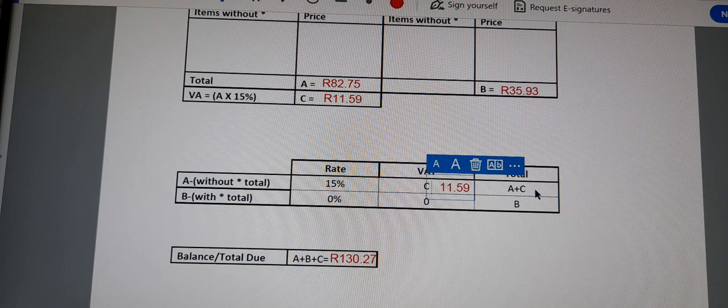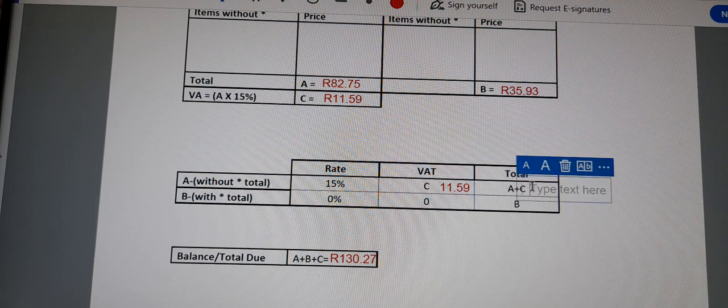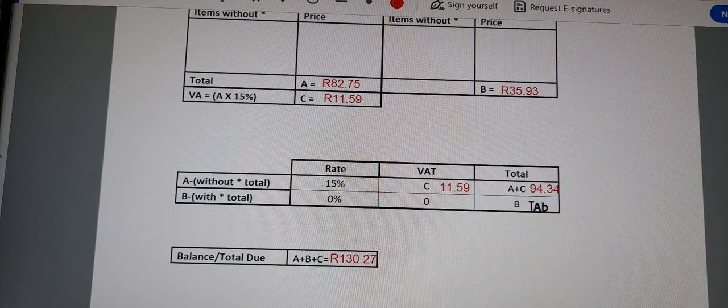And then here they say it's A plus C. So we must put A plus C, which is 82.75 plus 11.59. Okay. Then we get 94.34. You see all the figures that are on the slip are coming out. And then here we have 0, and here we get B, which is 35.93.